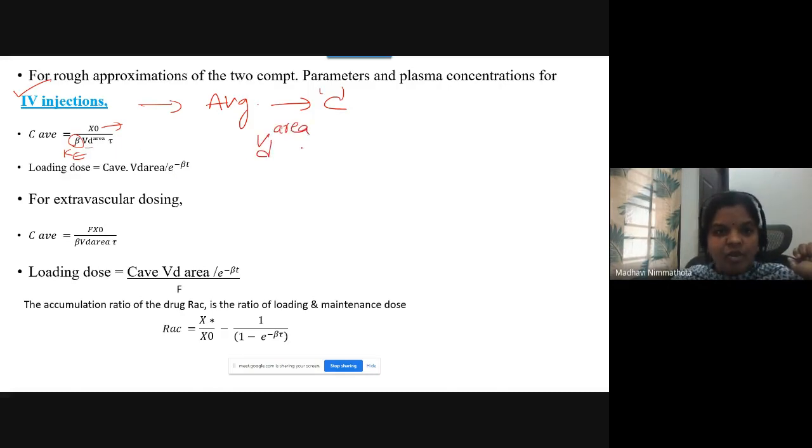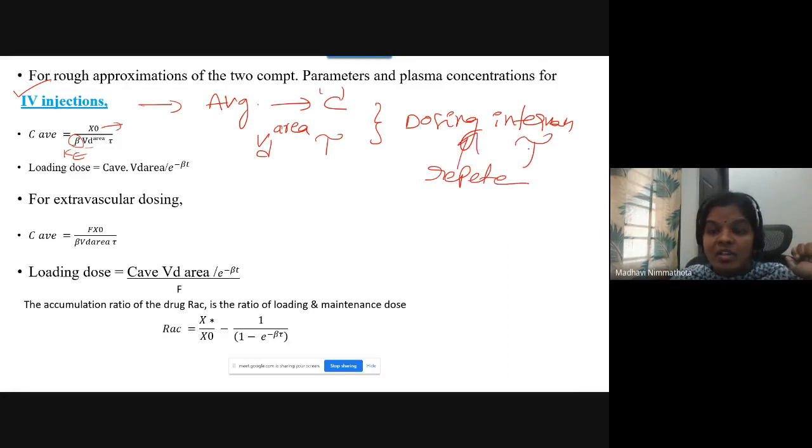Then tau. Here we are taking dosing intervals. Why? Because we are taking our dosage form in a repeated manner. So for that reason we consider the dosing intervals. So you can find the average concentration C with the help of the initial amount of the drug, Ke, VD area and tau.